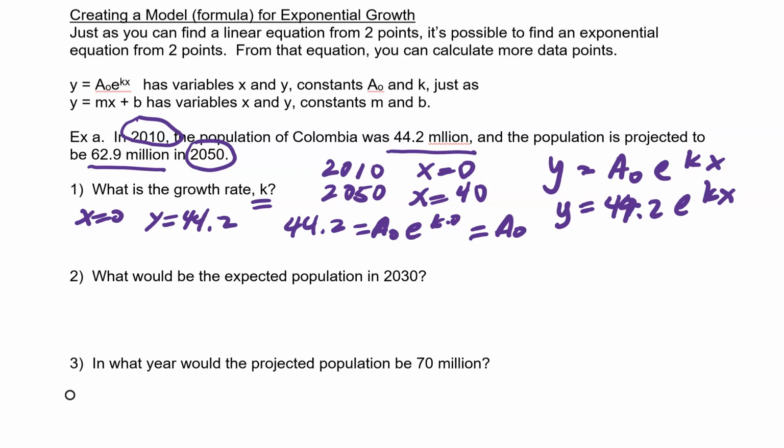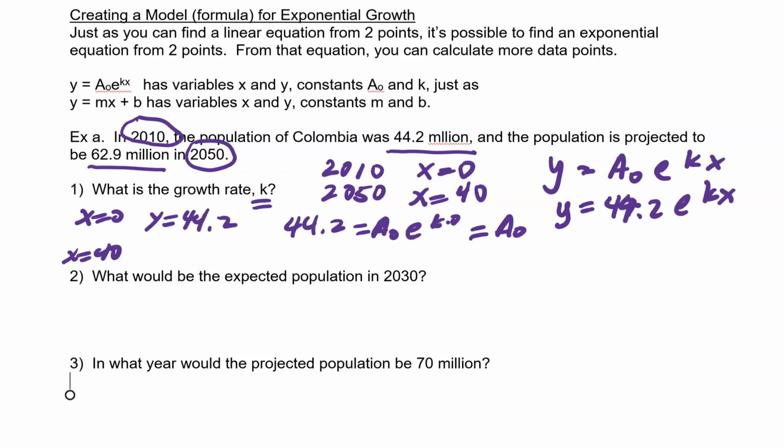Now if we want to find k, we'll need to plug in some values of x and y, which are different data points than what we have, and thankfully we do have a second data point. We've got that when x is equal to 40, then y is equal to 62.9. So I will express that over here at x is equal to 40.